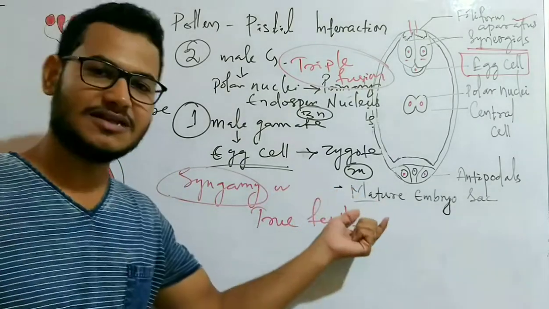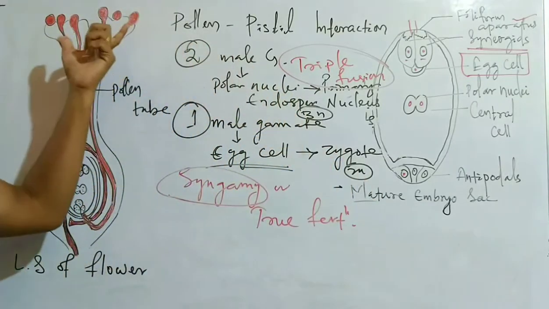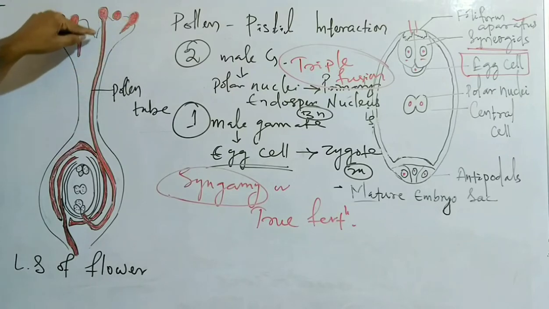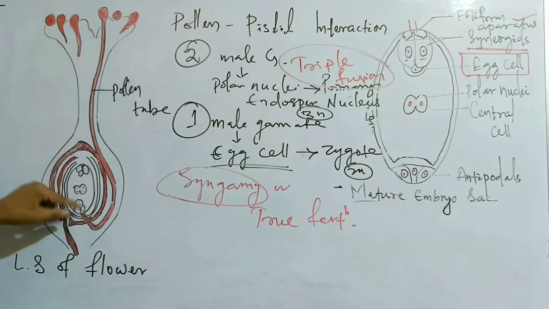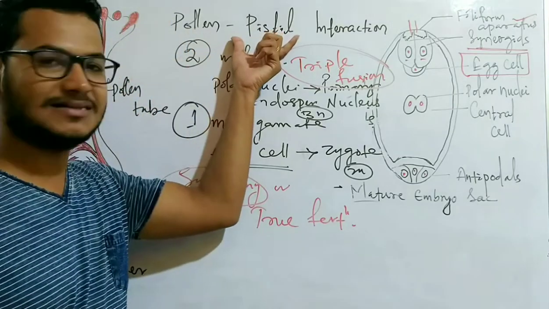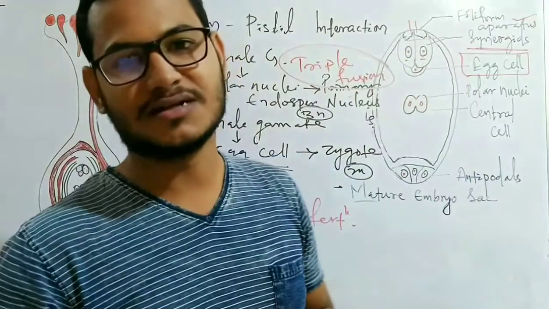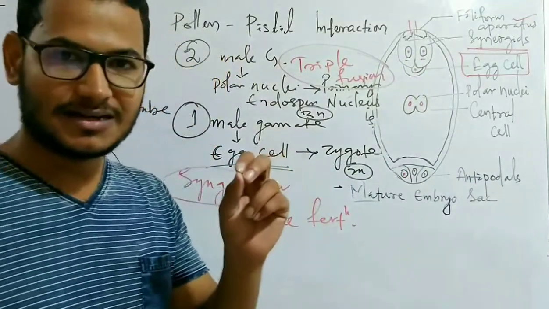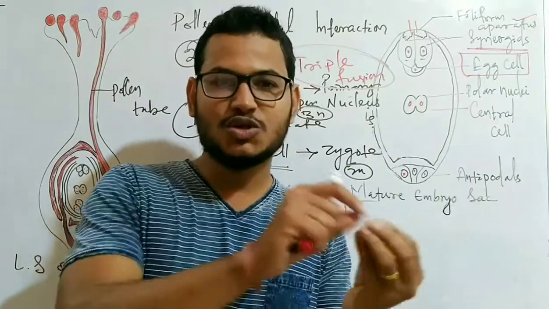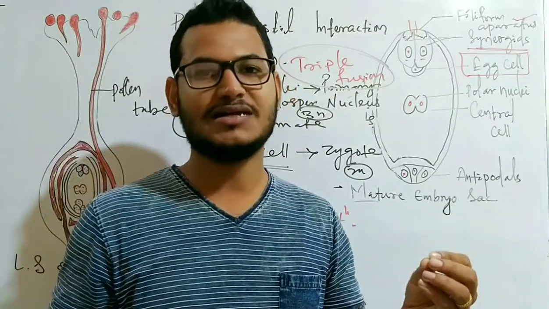So after the formation of a mature embryo sac, the pollen grain lands on the surface of the pistil, the stigma, and travels through the pollen tube to the embryo sac. So before the pollen-pistil interaction, the pollen needs to reach the surface of the pistil. The action of the pollen grain reaching the pistil or the stigma is known as pollination.